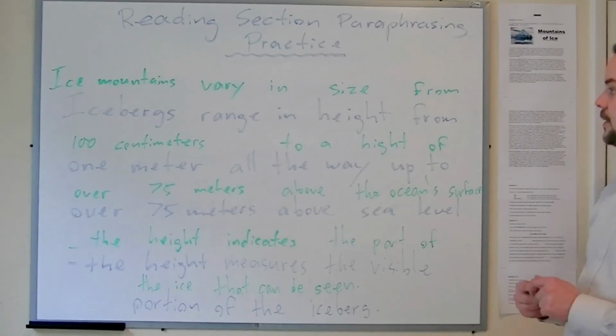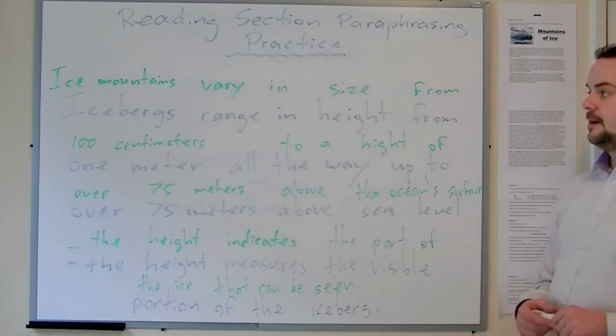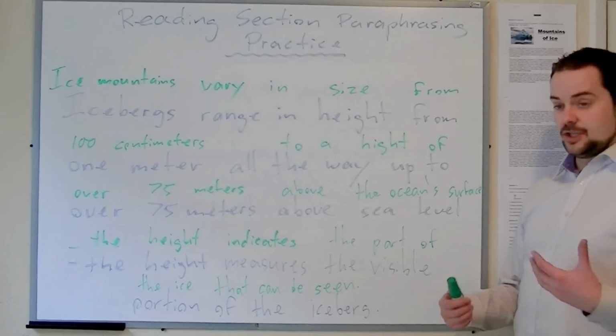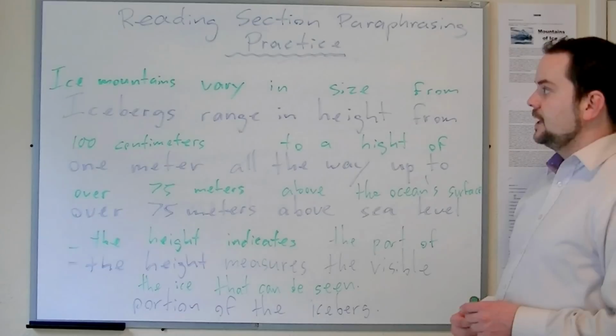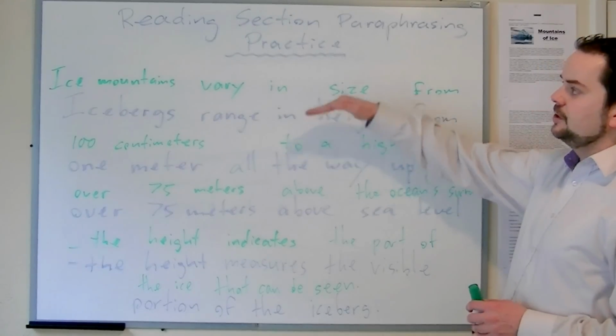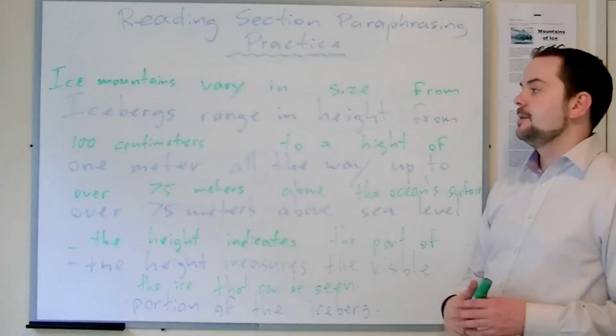All right, so there we have our paraphrase above the original, and now let's just make sure to go over it and read the original, read our paraphrase, and make sure that it makes sense.